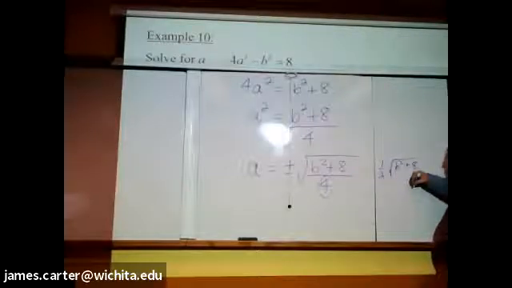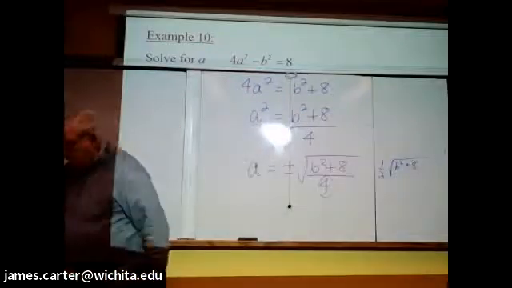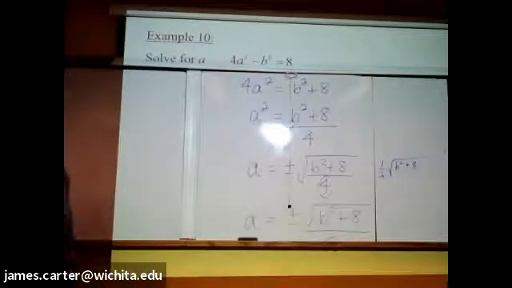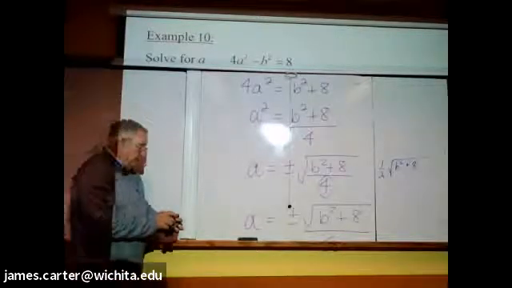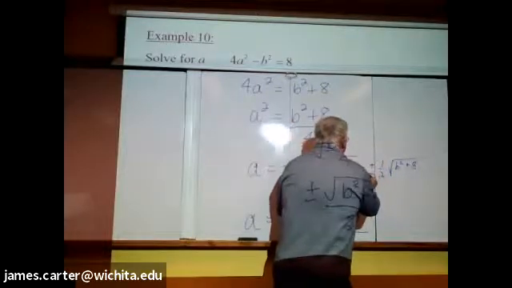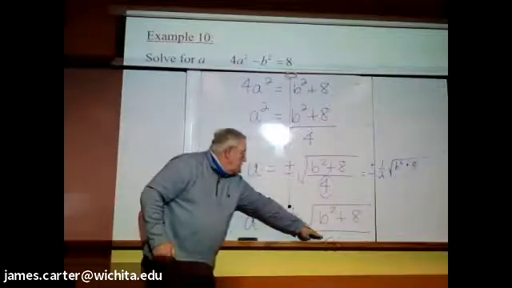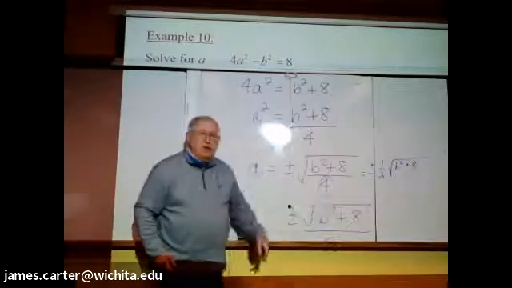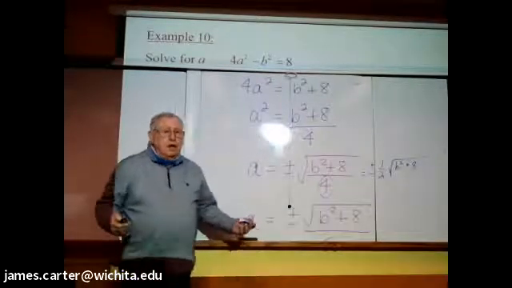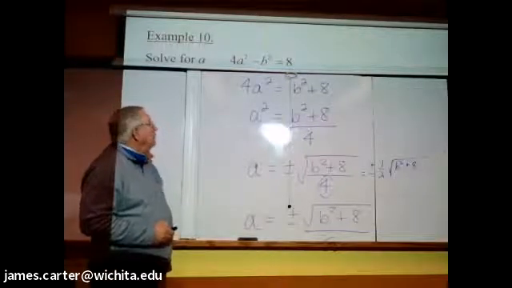There's really nothing we can do with it, so then this should be our answer. Now, I showed it as 1/2 times the radical. They showed it as over 2. Oh, I left off my plus or minus, excuse me. You can leave it either way in this one. It's not imaginary, so you don't have to rationalize the denominator.